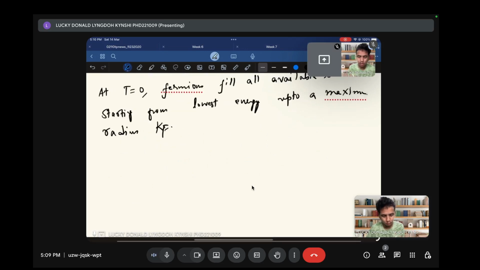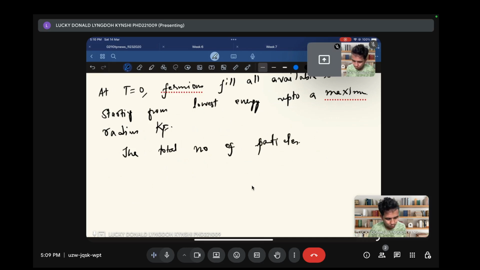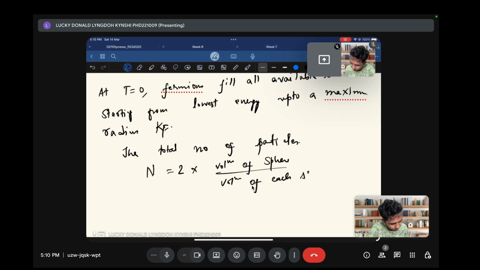So now the total number of particles will be what? This is very important. N is equal to 2, where 2 is the degeneracy, into the volume of the sphere divided by the volume of each state. Let's take a sphere; that means you can fill particles.